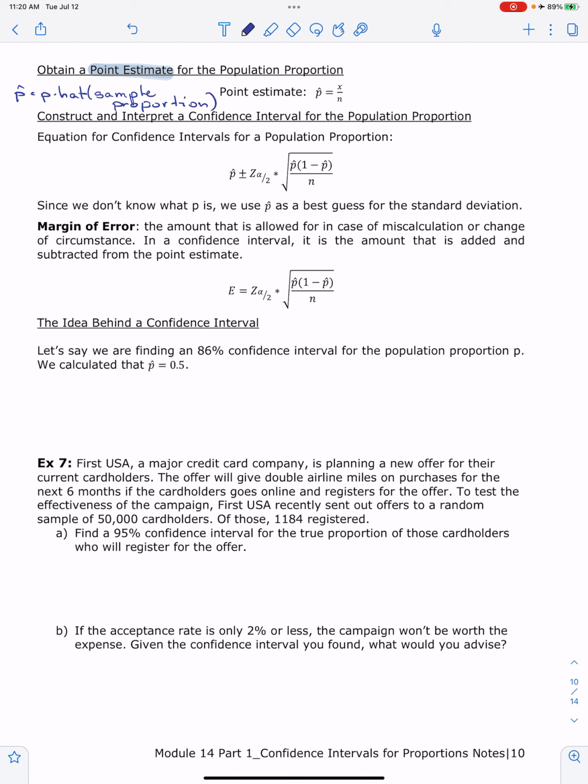And we find p hat right here by taking x, which is the number of times a success happens, and we divide that by n, which is the total number in our sample. It's our sample size.